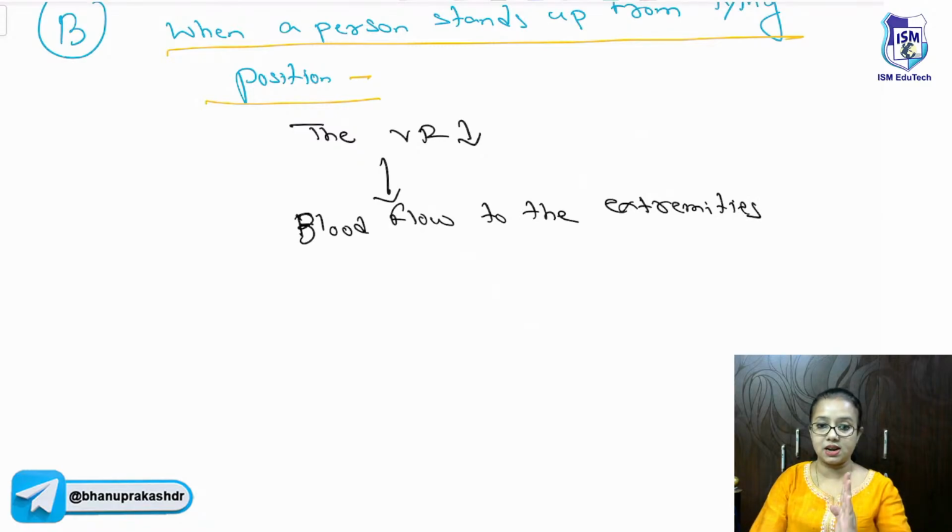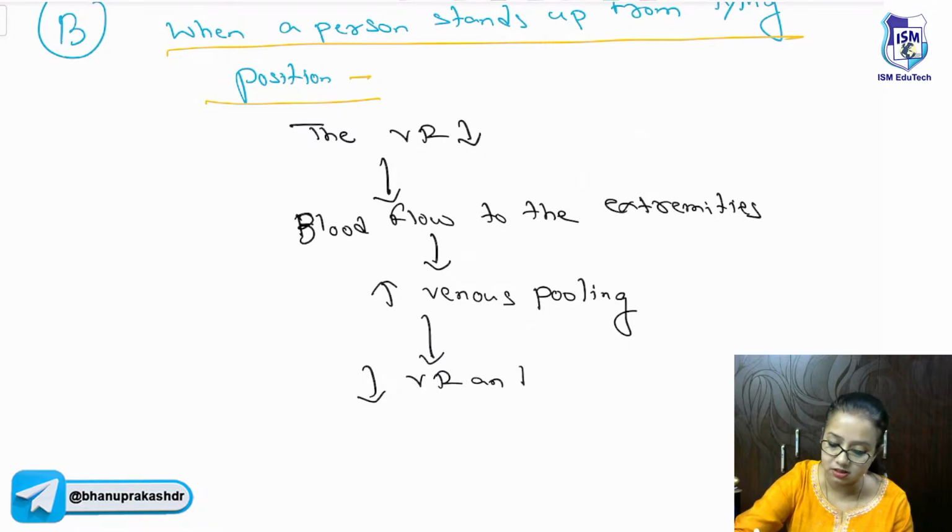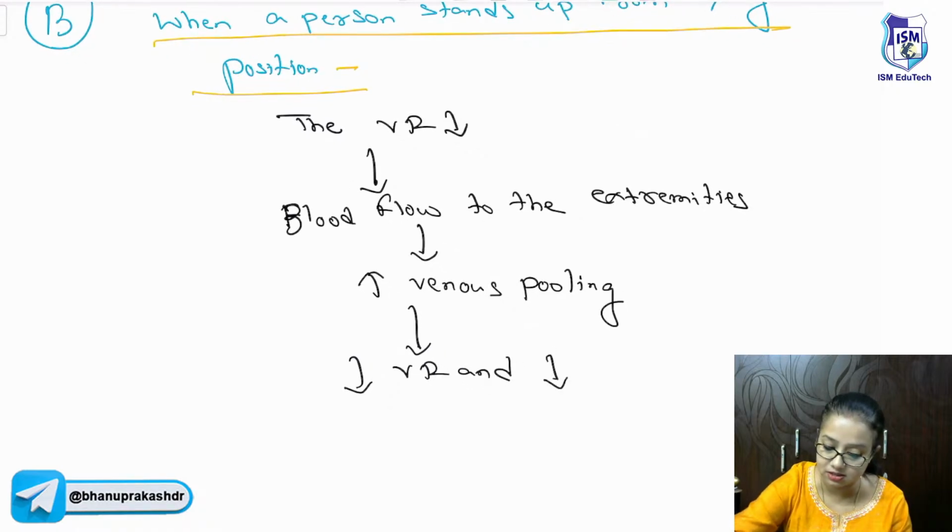When the person is standing, the feet are touching the ground, there is the force of gravitation and the blood goes more to the legs. So there is more staying of the blood in the veins. So, increase in the venous pooling, decrease in venous return, and decrease in the central venous pressure.